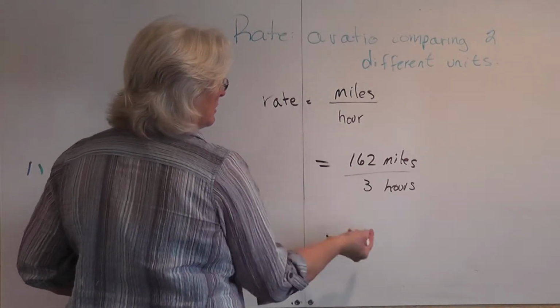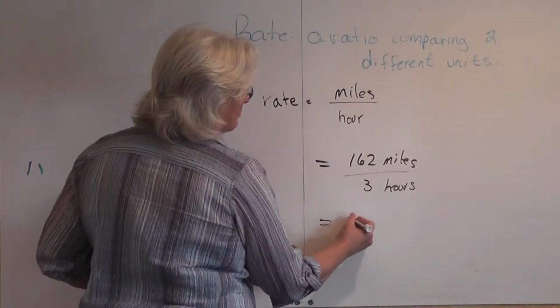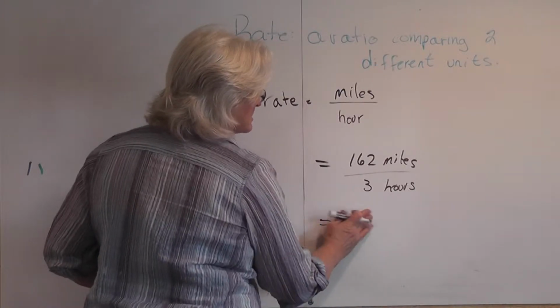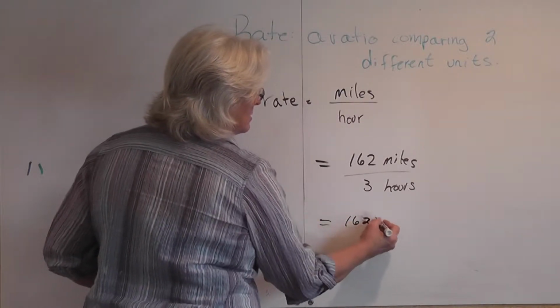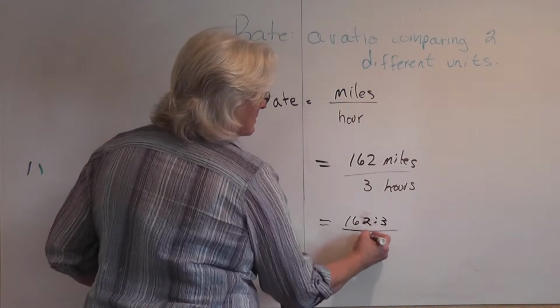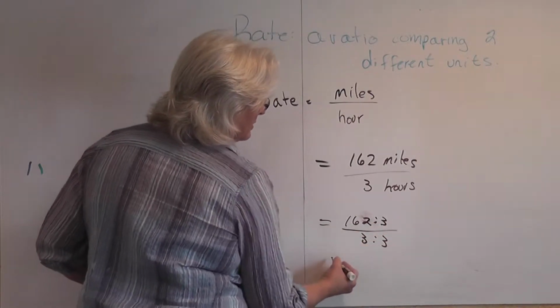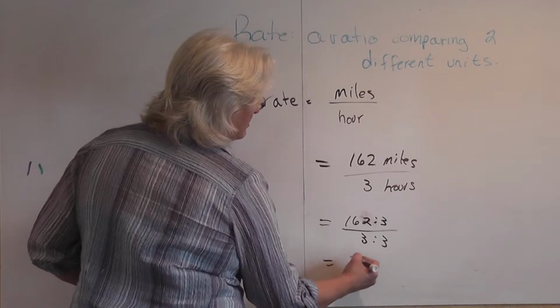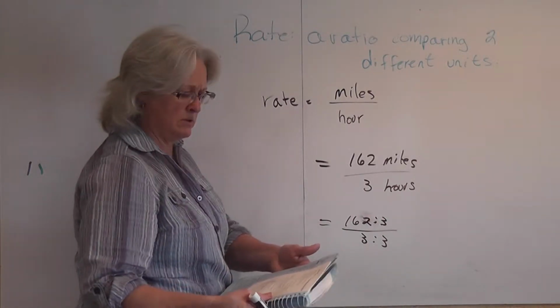Do we have a common factor here? The greatest common factor of 162 and 3 is 3. We can say 162 divided by 3, 3 divided by 3. When you do that, is it 57?